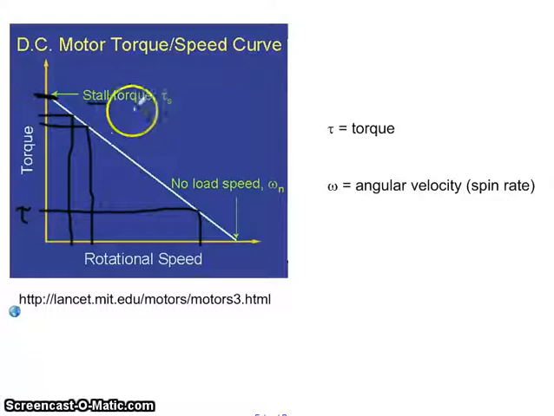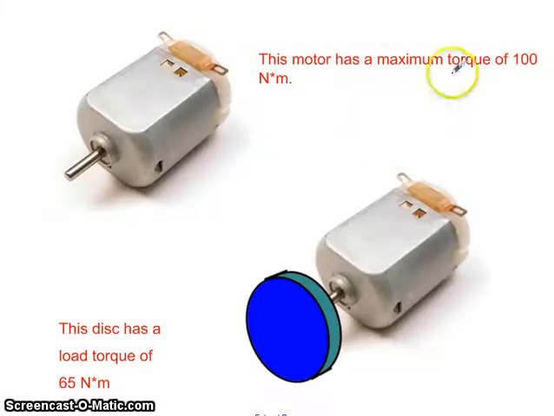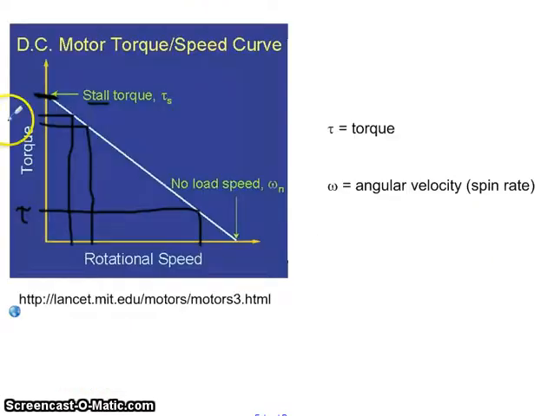So in our example that we started off with, this maximum torque of 100 Newton meters would imply that the stall torque right here would be 100 Newton meters. The load could become so great that the motor would stop spinning entirely.